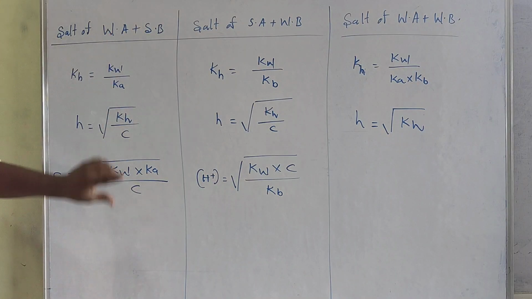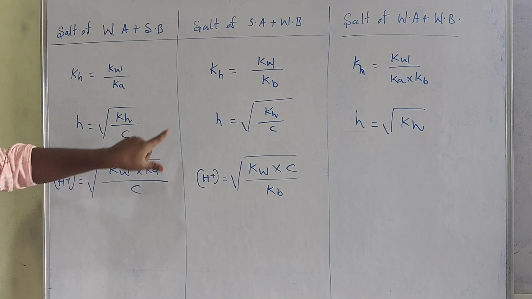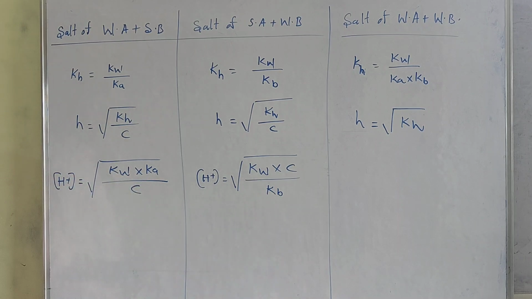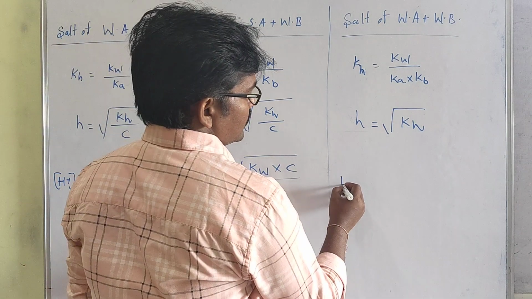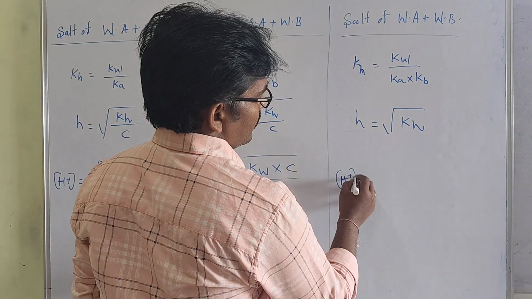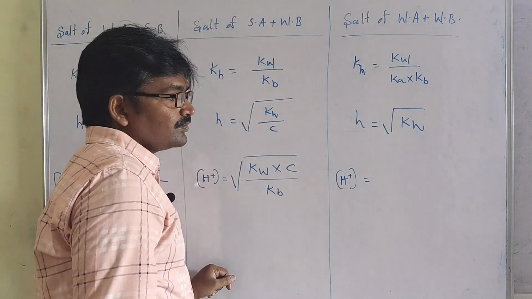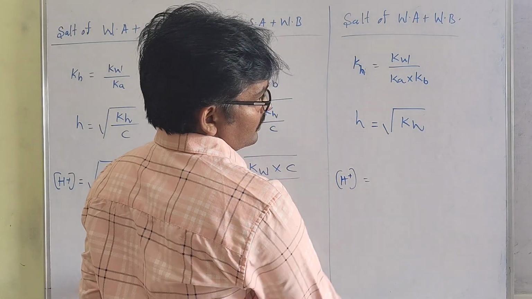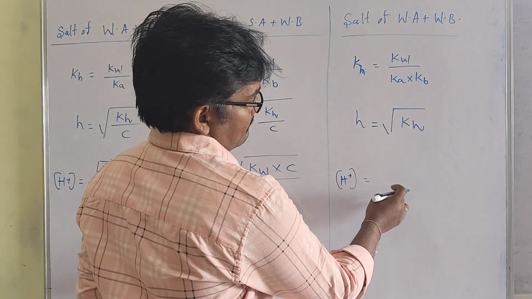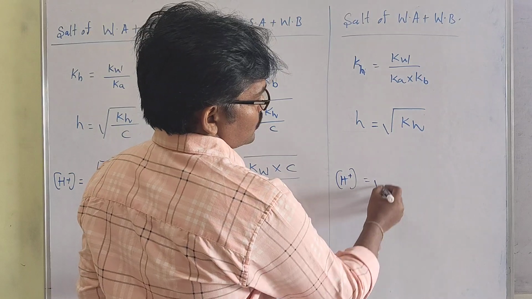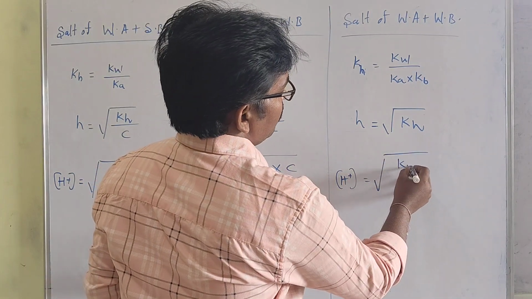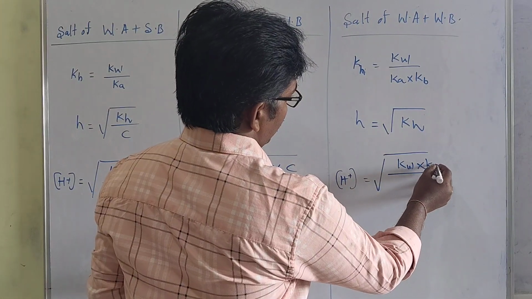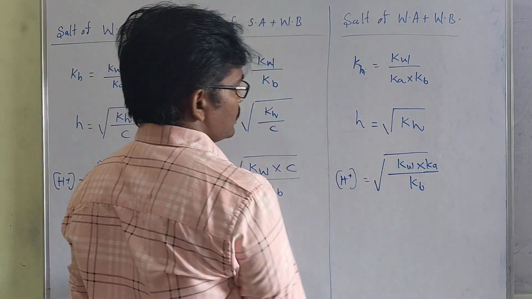For the weak acid, Ka comes alongside, and for the weak base, Kb comes in the denominator. Then for this, H plus ion concentration equals the square root of Kw into Ka divided by Kb, like this you can get.